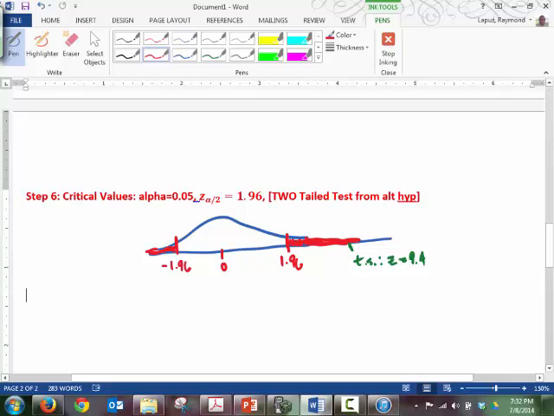The most important part of this step is to identify whether this is in the critical region or not in the critical region. Based on my drawing, is it in the critical region?